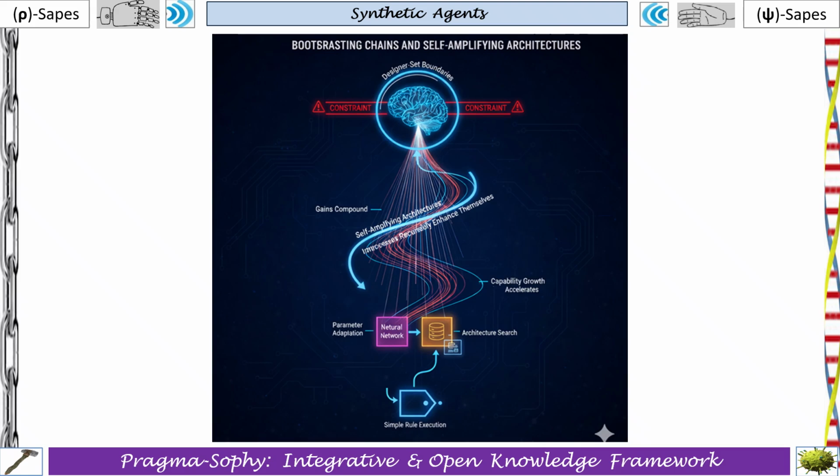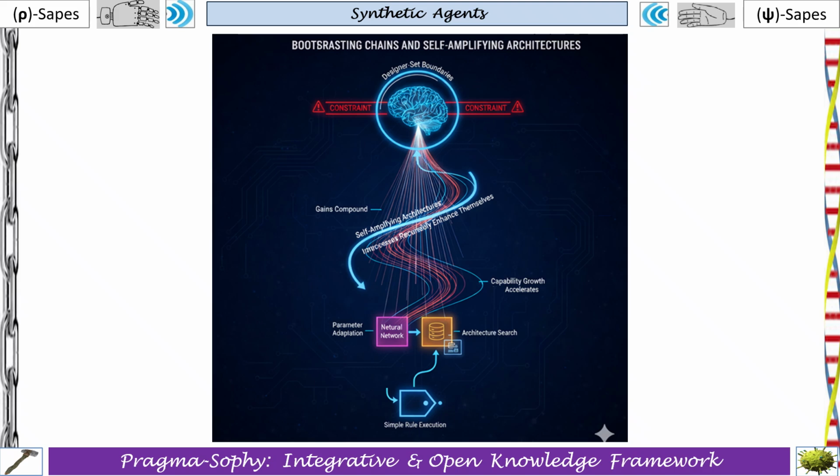This leads to bootstrapping chains. Simple rule execution gives way to parameter adaptation. Parameter adaptation gives way to architectural search. When improvement mechanisms recursively enhance themselves, self-amplifying architectures emerge.